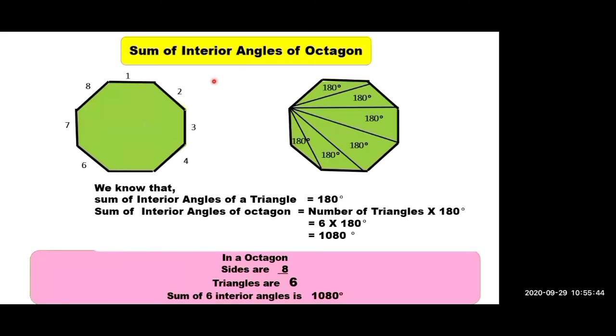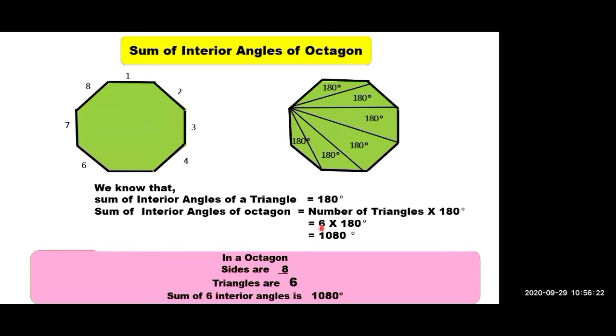Now, next, sum of interior angles of octagon. We need to know how many triangles are formed in octagon. 6. Yes, 6 triangles. We know that sum of interior angles of a triangle equals 180 degrees. Sum of interior angles of octagon equals number of triangles into 180 degrees.